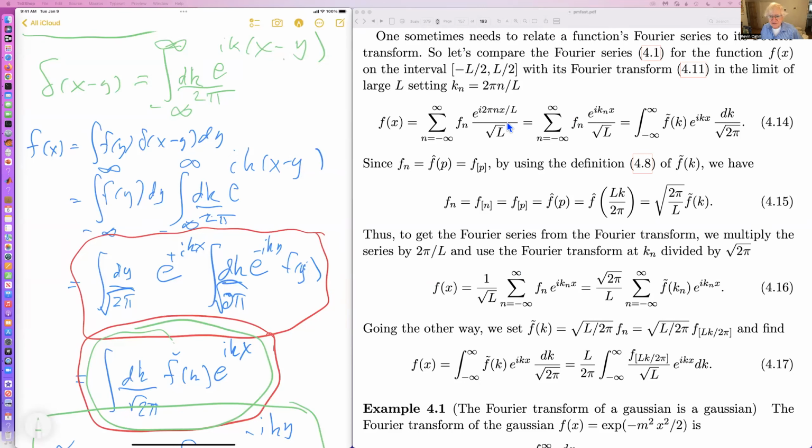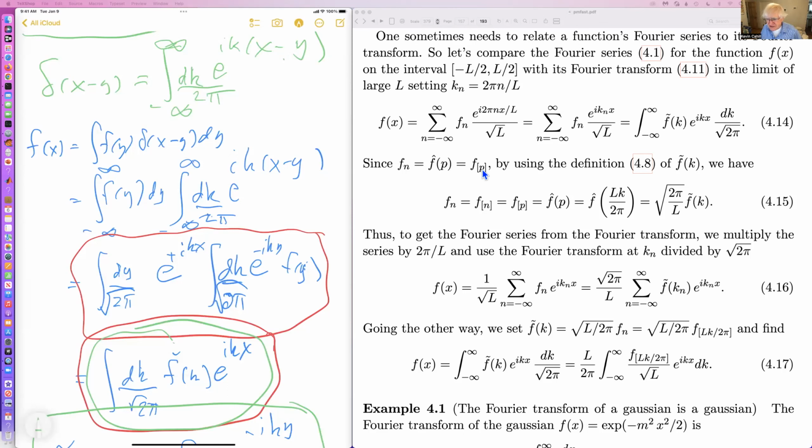We're also writing it as a Fourier transform, and we can imagine we can set k_n equal to 2 pi n over L. It looks like this, and then the transformation from there to there is sort of straightforward. F sub n is f hat of p according to these definitions, where p is the nearest integer to n.